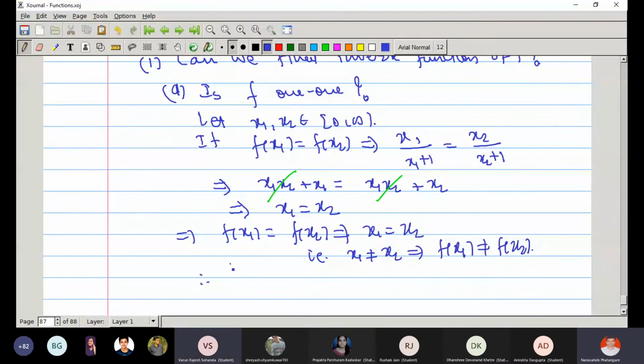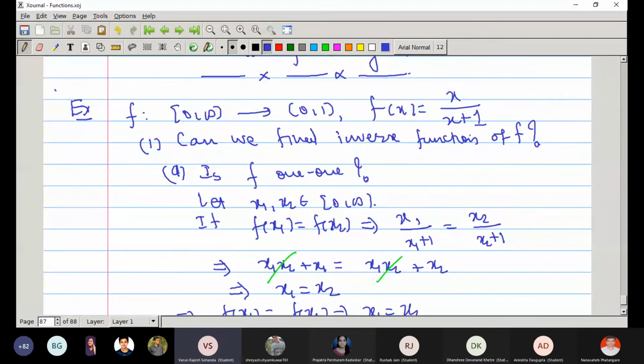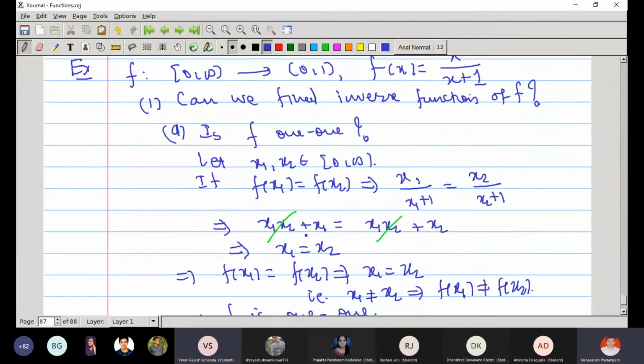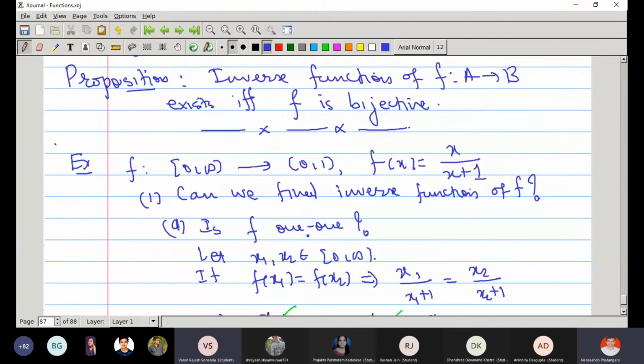Sir, you have written that this function is from 0 to 0, comma 1. Why a closed bracket? It includes 0 in the domain. Does the codomain include 1?